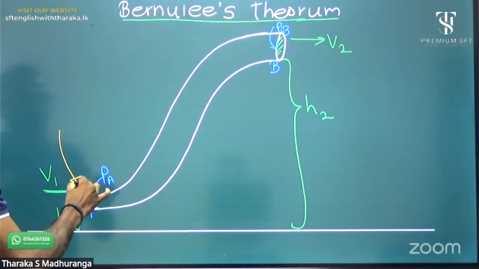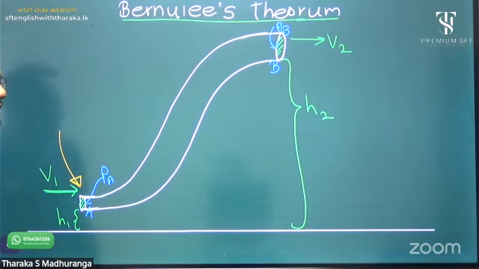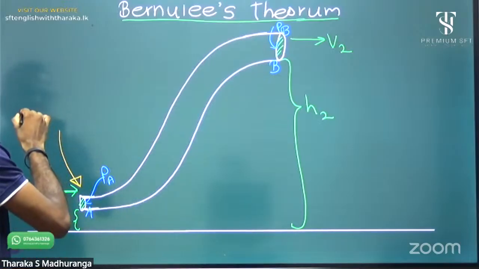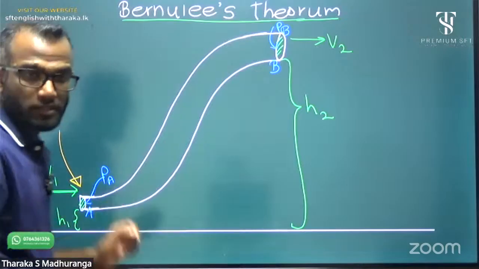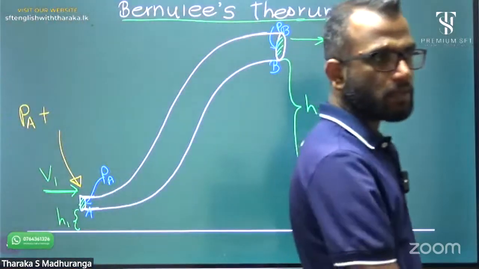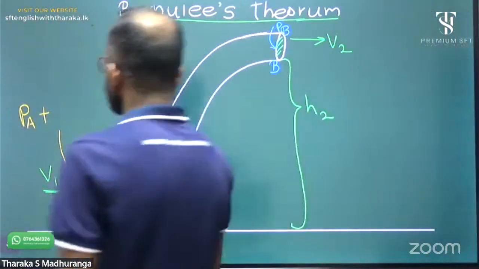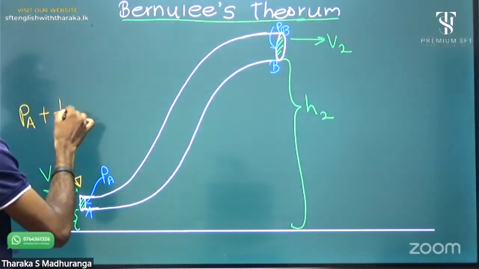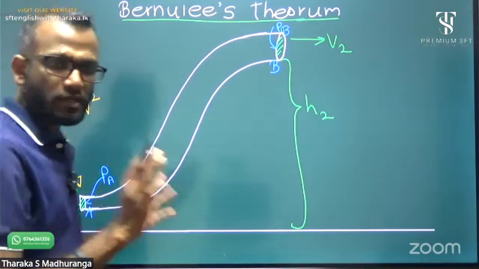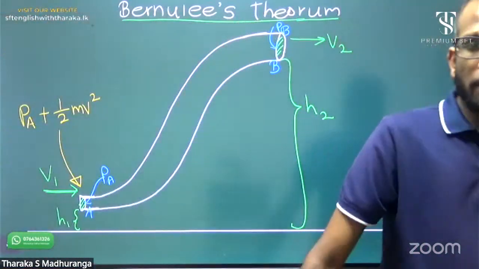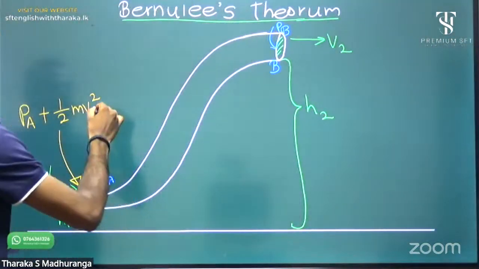Now think about these yellow colored things. The pressure, that is PA. Kinetic energy: what's the meaning of kinetic energy? Half mv squared, plus potential energy.